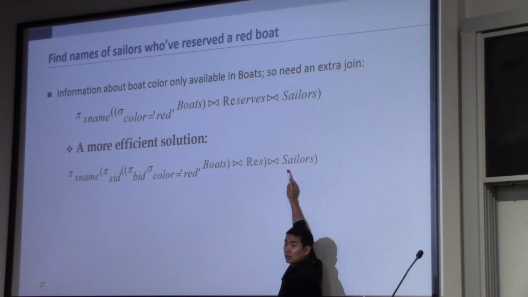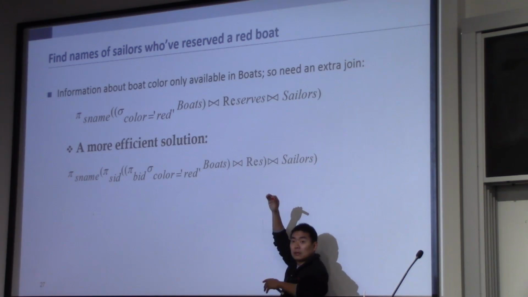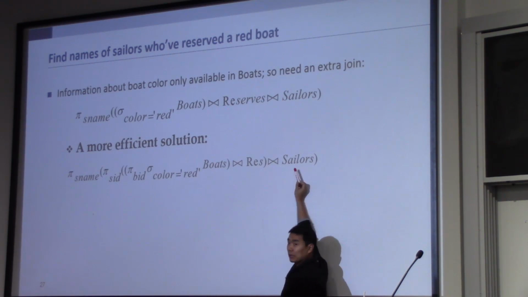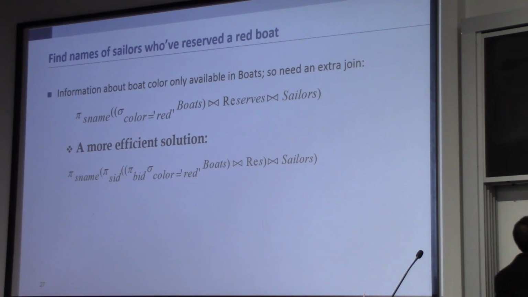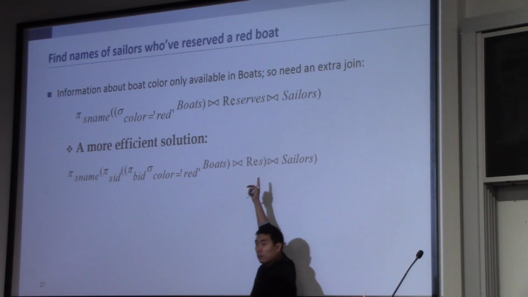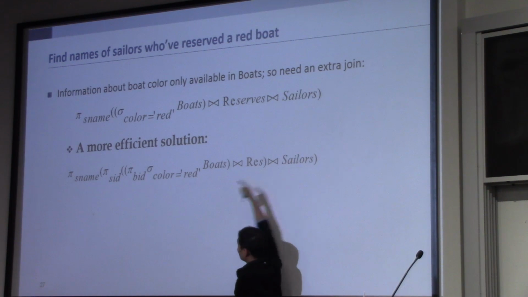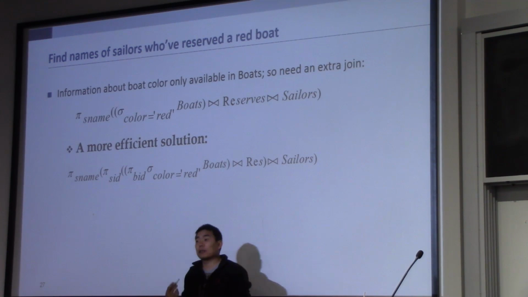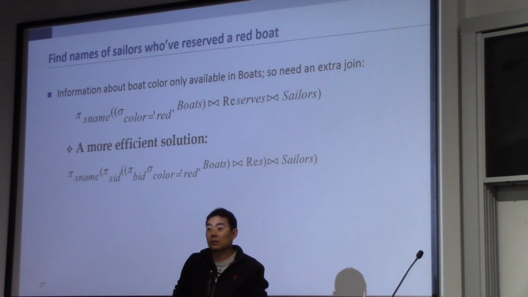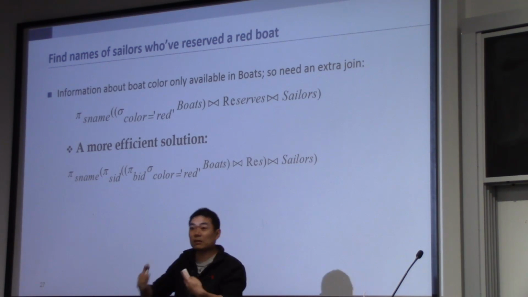So there's nothing you can narrow down using a selection operator, but you can further narrow down the sailor table by projecting on sailor ID and sailor name, because at this point, all you care about is sailor ID so that you can do the join, and sailor name so that you can do the projection in the end. You do not care about sailor rating. So this actually can be a little bit more efficient.